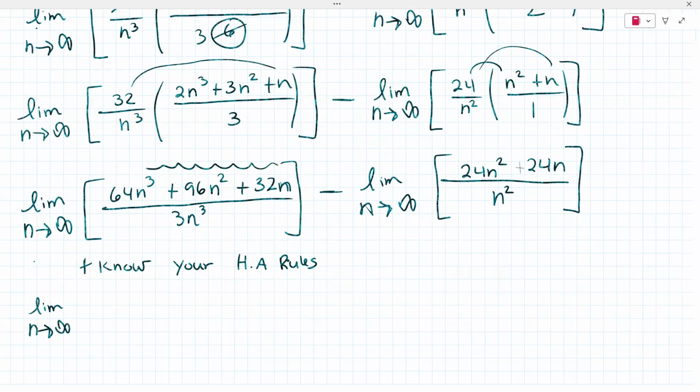So you have to look at the highest term on the numerator and the highest term on the denominator. So your highest term on the numerator is 64n cubed over the highest term on the bottom, 3n cubed, right? So what is the rule? This is when the degrees are the same. So when the degrees are the same, what is the horizontal rule? You use the coefficient. It's 64 over 3.